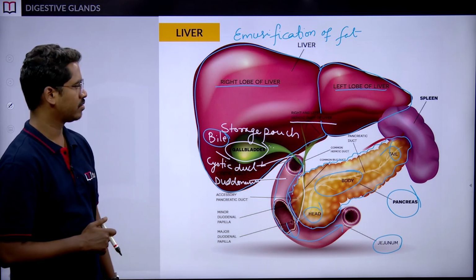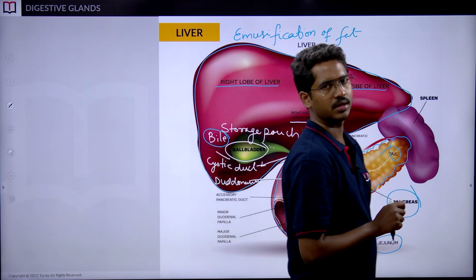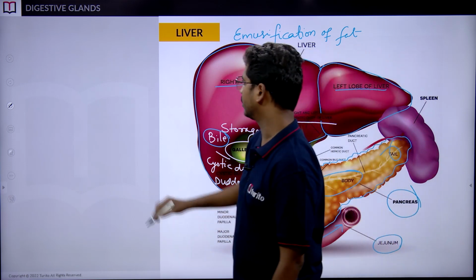Okay, it is quite simple. I see some of you dropping in the responses saying gastric juice released in the stomach. So, let me write it here.